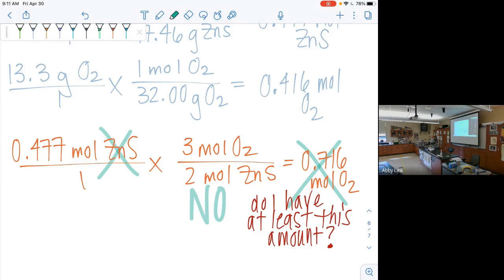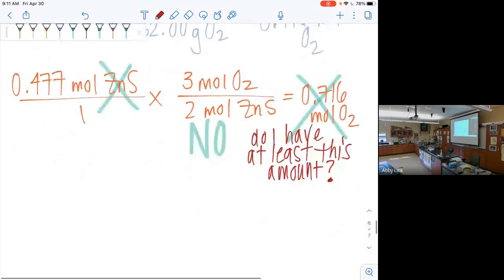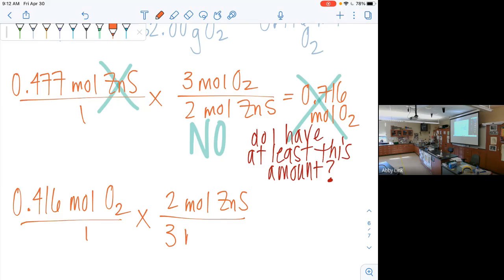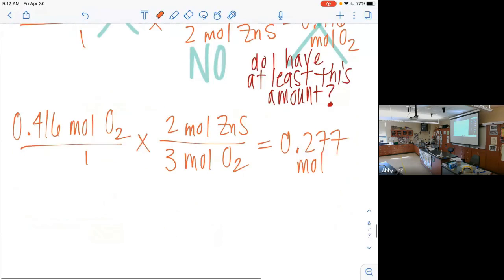So this is not going to work. All right, so now we need to try starting with our 0.416 moles of oxygen and see how much ZnS that would require. So we'll have our 2 moles of ZnS on the top, 3 moles of O2 on the bottom. That comes out to be 0.277 moles of ZnS.